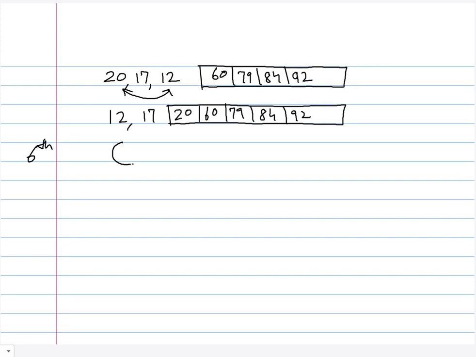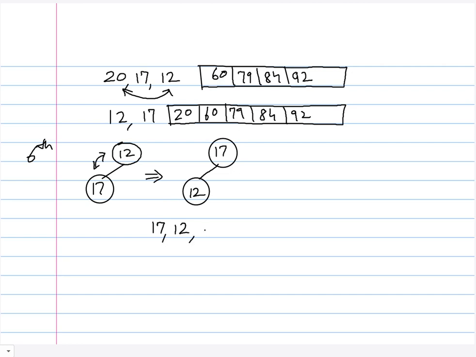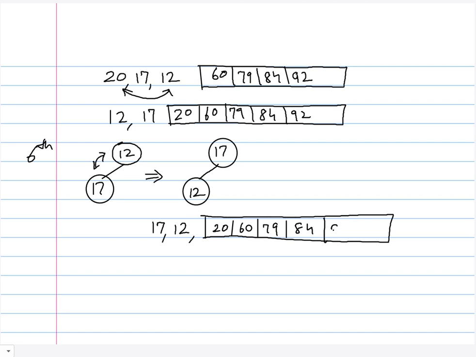In the sixth pass, root is 12 and left child is 17. Then parent is 12, child is 17, so we'll swap it. So the max heap has root 17 and left child 12. We'll rearrange this: 17, 12, then your sorted array consisting of 20, 60, 79, 84 and 92.